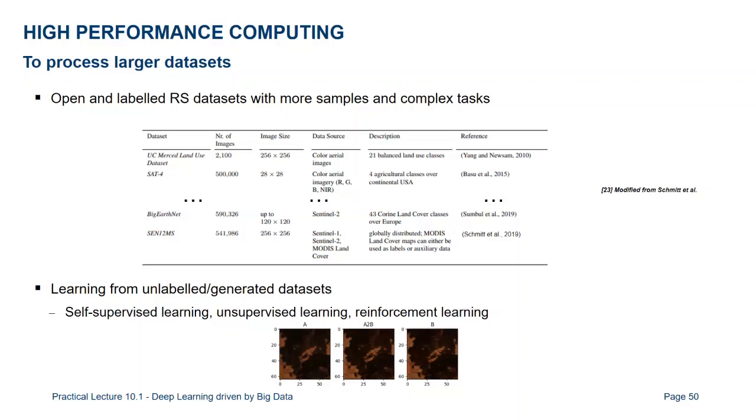Then, of course, we should also consider that there is a lot of research going in different directions, not just supervised learning, but also different types of learning. We can mention self-supervised learning, unsupervised learning, reinforcement learning. These are all other types of learning where you do not rely on a training set where all the samples are labeled.